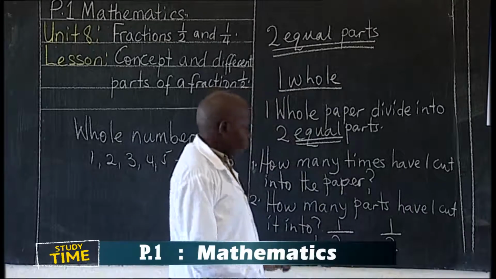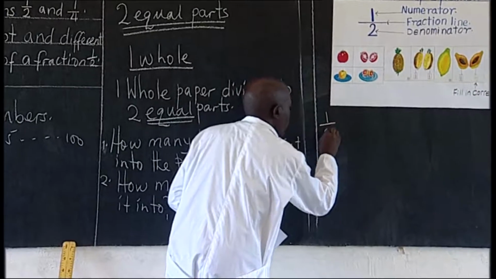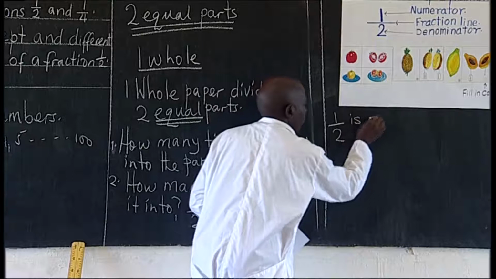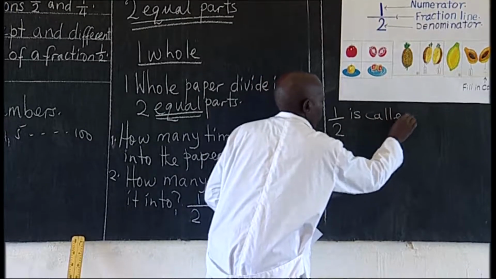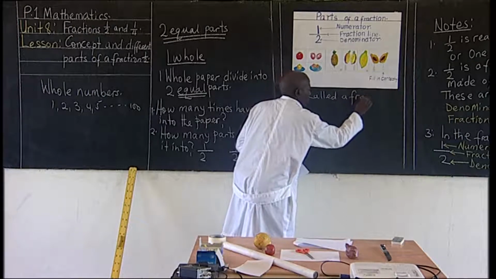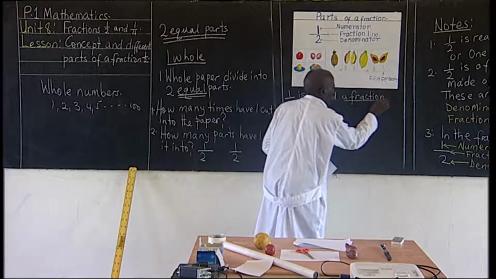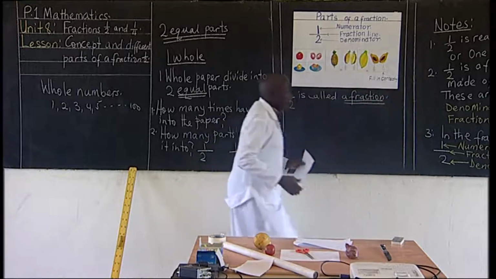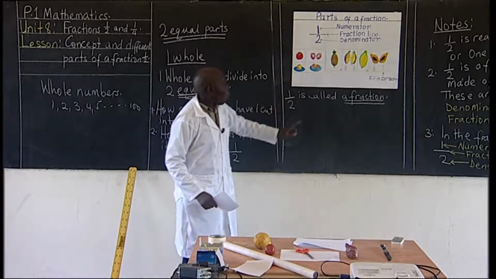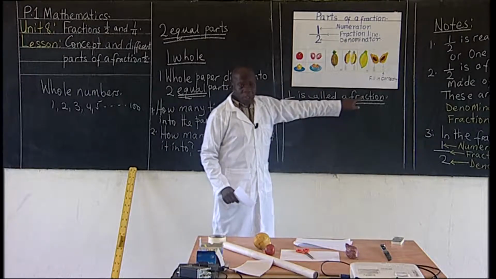Therefore, one out of two is called a fraction. Read again, a fraction.